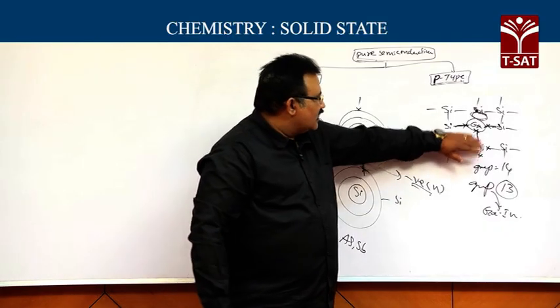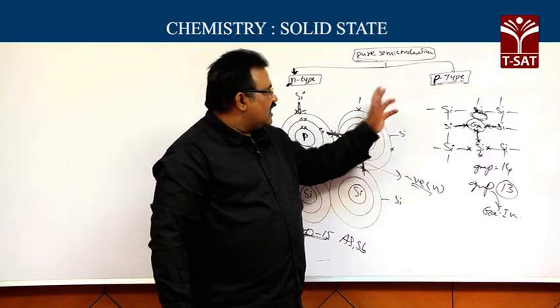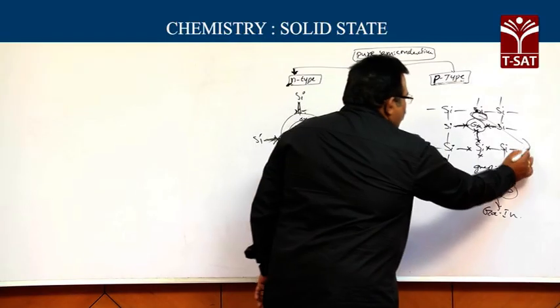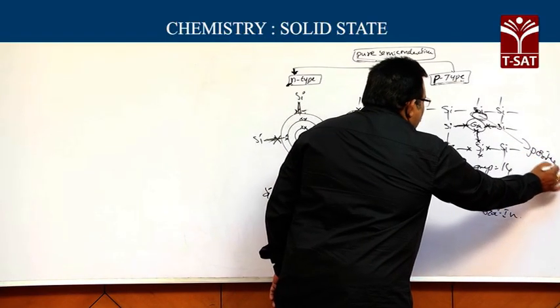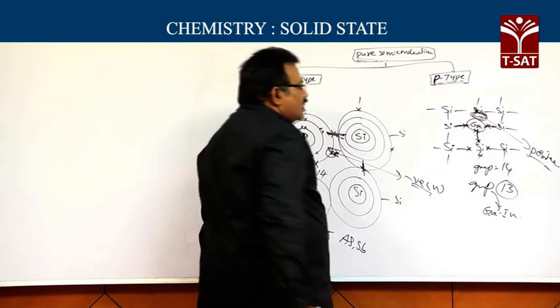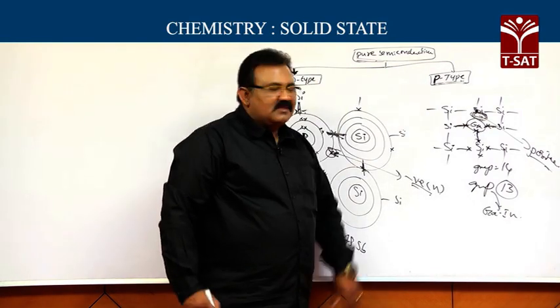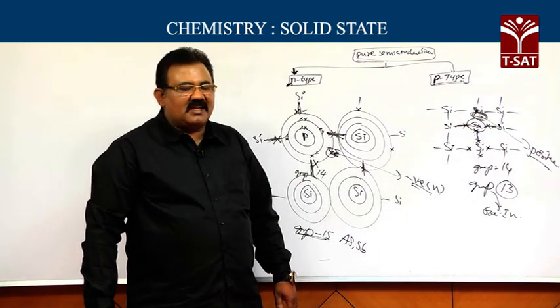In this way, the conduction takes place through positive holes. So, this type of semiconductor is known as a P-type semiconductor.